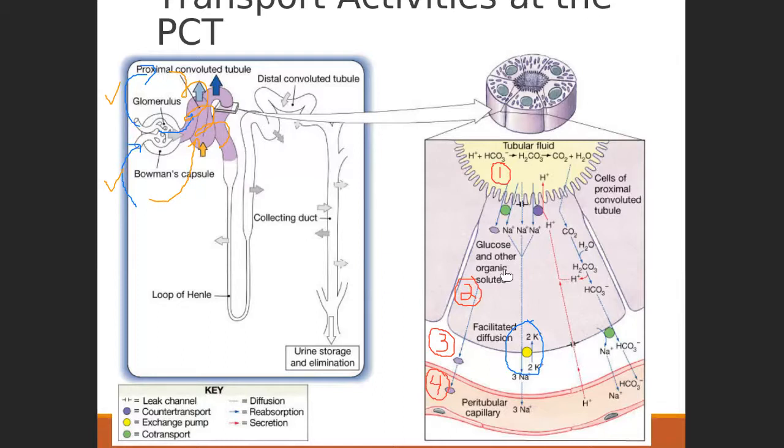Any active transport, no matter what kind, is always creating a concentration gradient. So we are pumping glucose from the tubular fluid into the cell. We are pumping calcium from the tubular fluid into the cell, creating high concentrations of those solutes inside chamber 2, our intracellular fluid.